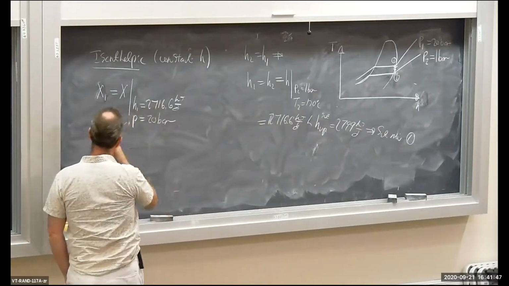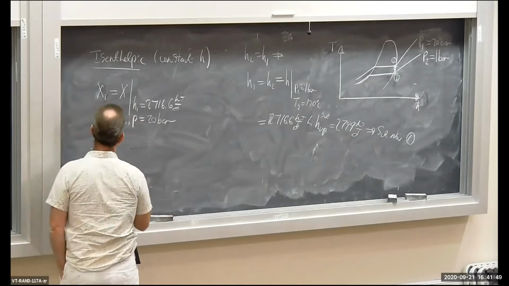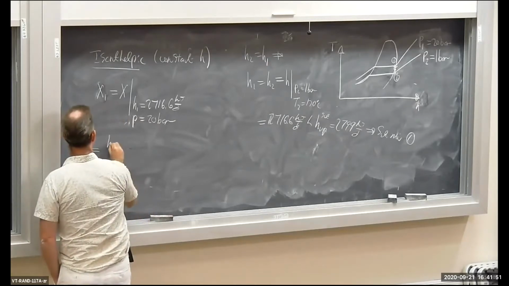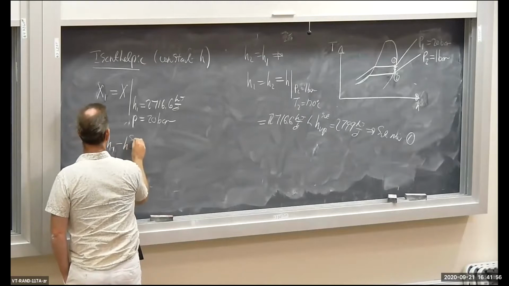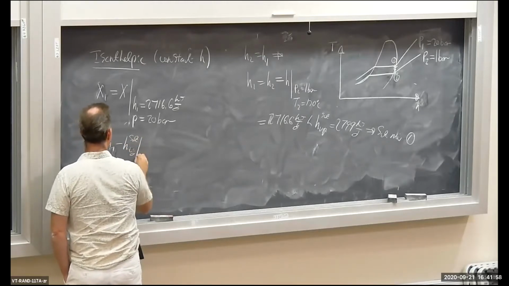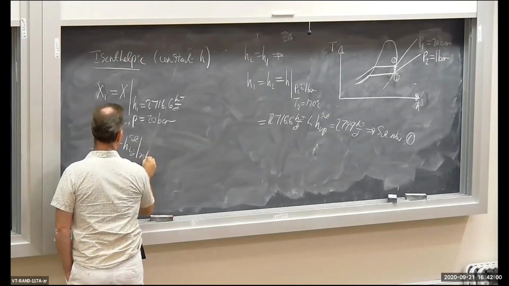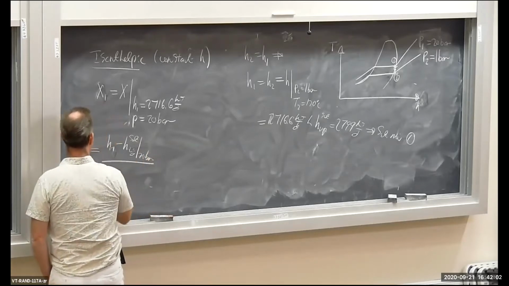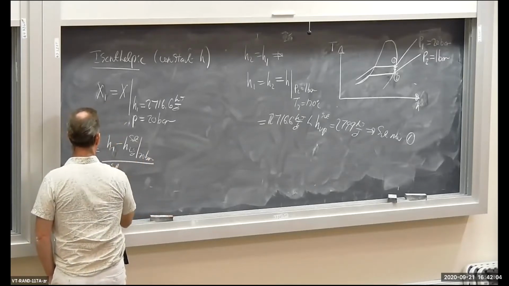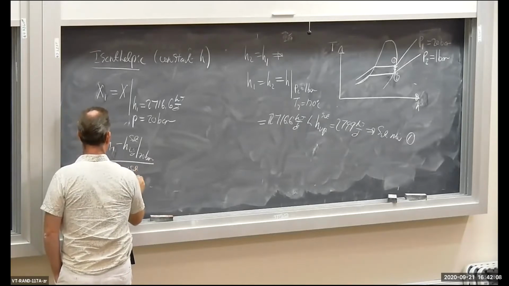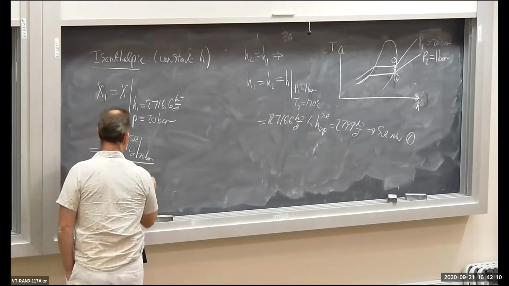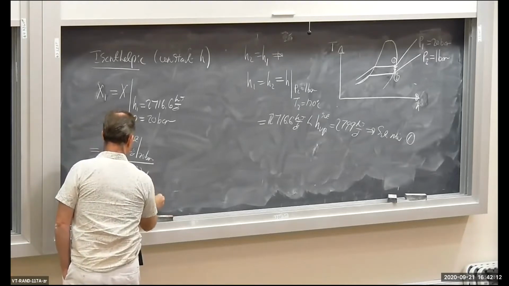Well, that means we need to use the equation for quality. This is going to be equal to H1 minus H sat liquid evaluated at 20 bar divided by H sat vapor minus H sat liquid evaluated at 20 bar.